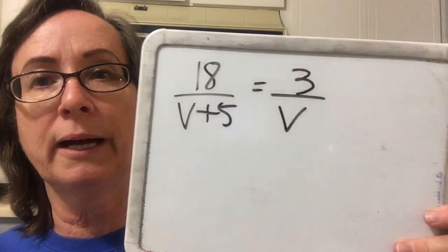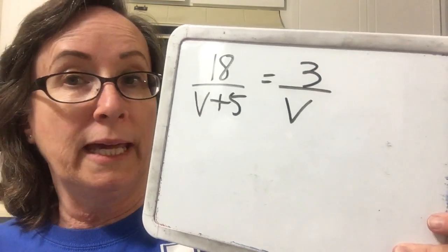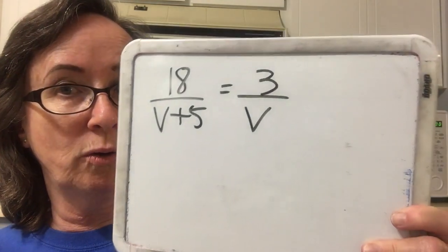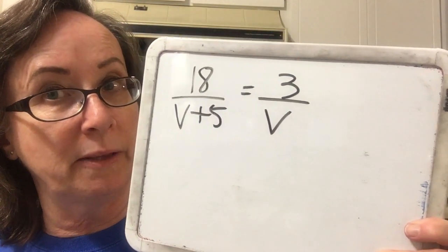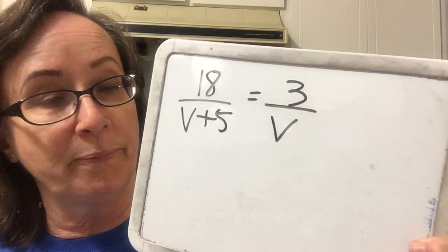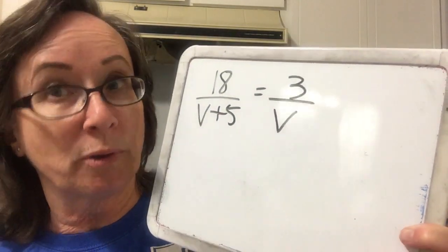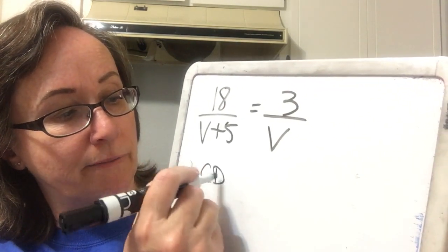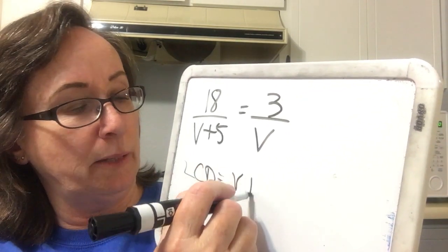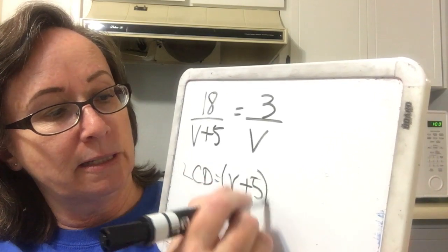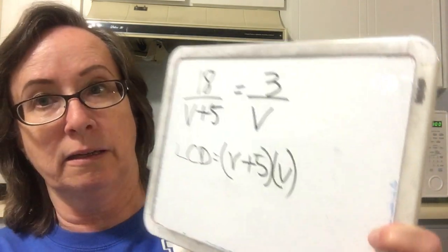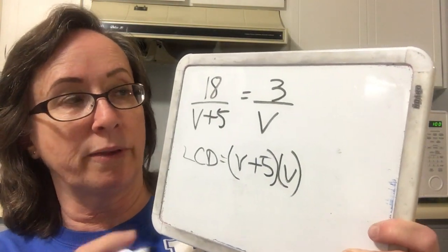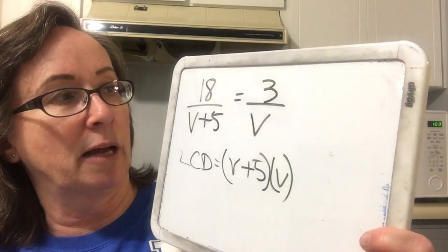Okay, so again, we have an equation. So we look at both denominators, and the denominators are already prime. When the denominators are prime, the LCD will be the product of the two. So we're going to have v plus 5 times v as the least common denominator.